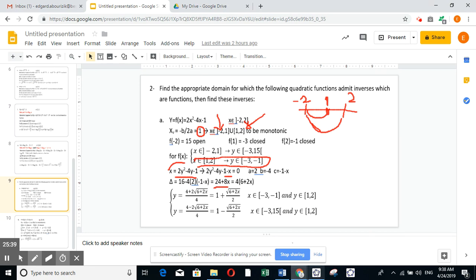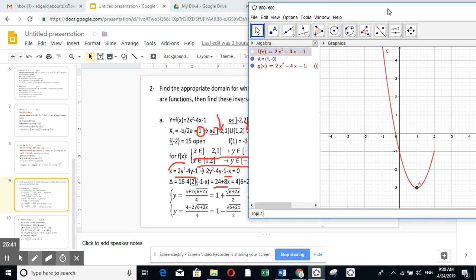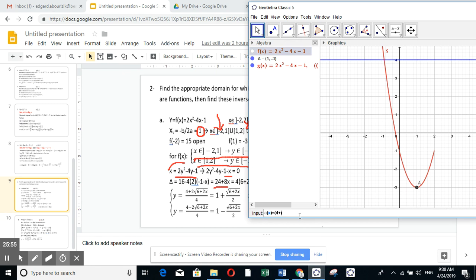So if you want to check it on GeoGebra, we can. So let me graph a of x equal 4, parentheses first, 4 plus 2 times square root, you put sqrt, parentheses 6 plus 2x, the whole thing divided by 4.